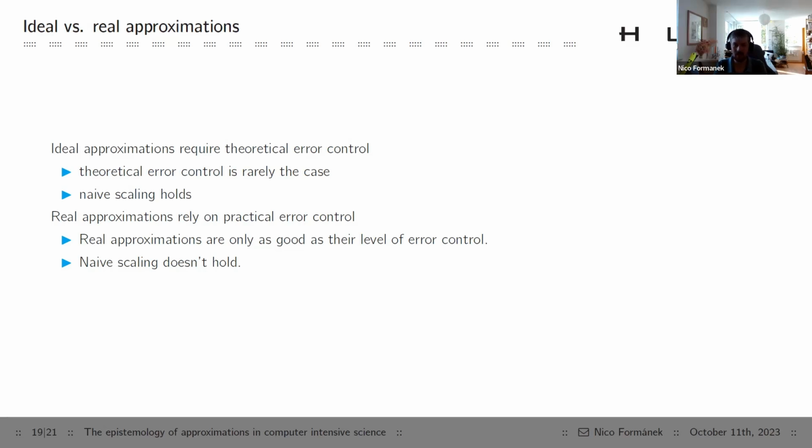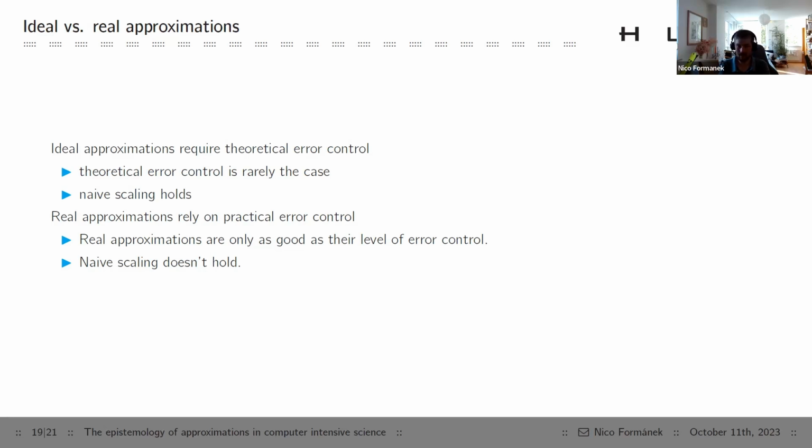Yeah, and in their case, this naive scaling, so the error scaling which only depends on the computing power, that actually holds. We are mathematically guaranteed that it holds. But unfortunately, the theoretical error control is rarely the case. So ideal approximations in practical scientific contexts are also rarely the case.